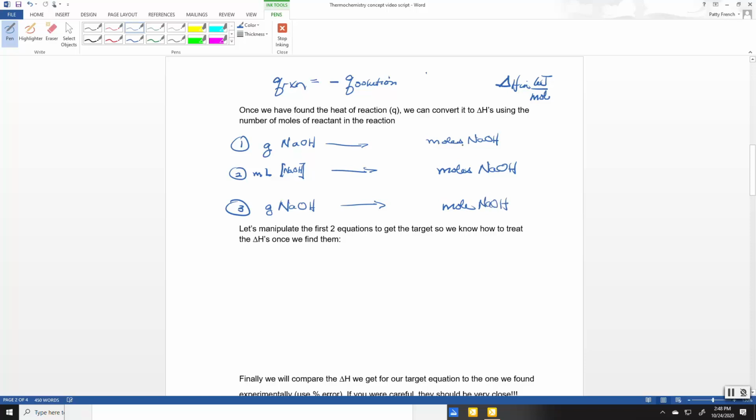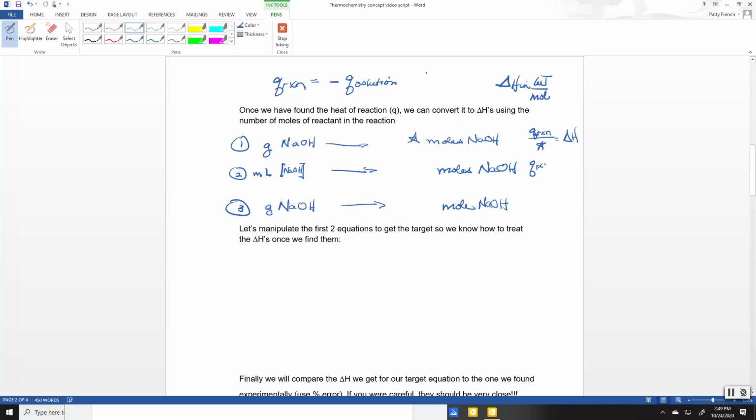Once we have determined how many moles of NaOH we used for each of these reactions, we can find the delta H in kilojoules per mole simply by taking the Q reaction and dividing it by this number of moles. Okay, the Q is the delta H anyway, but we want the delta H in kilojoules per mole.